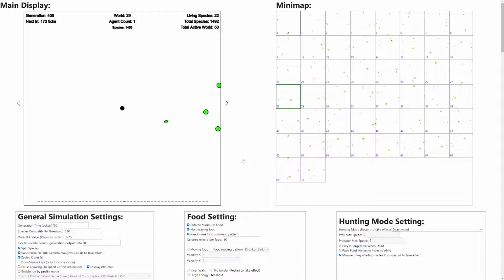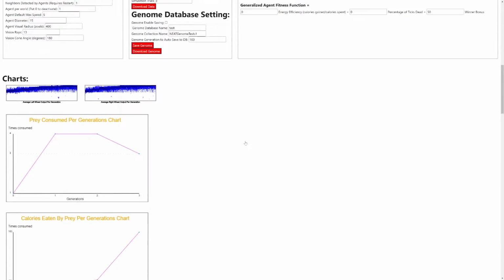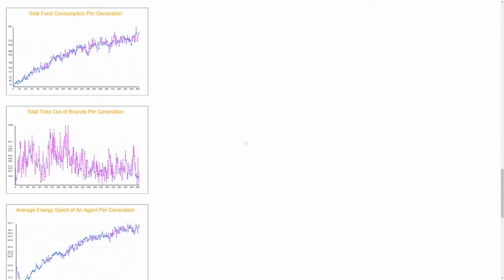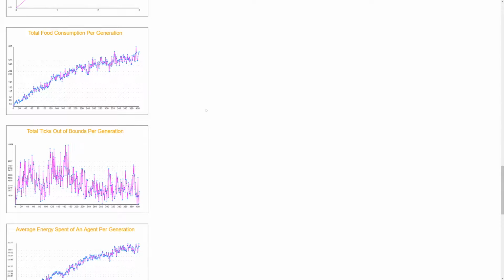So again, at generation 400, let's see how we're doing on our food per generation. And we can definitely see there's now a slope change. We're curving down. There's probably some asymptote we're approaching, or at least we're going to slow down more as we go forward.